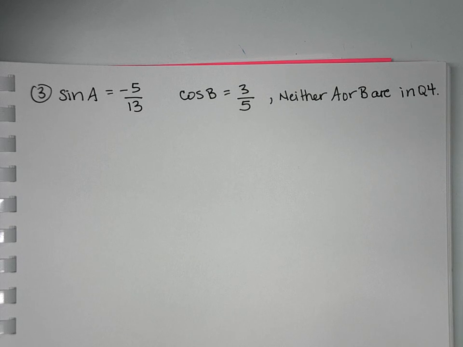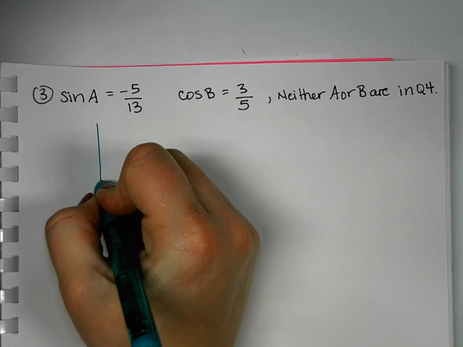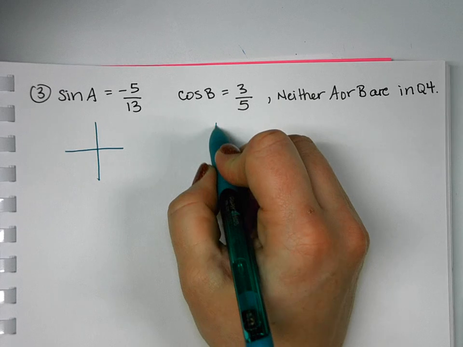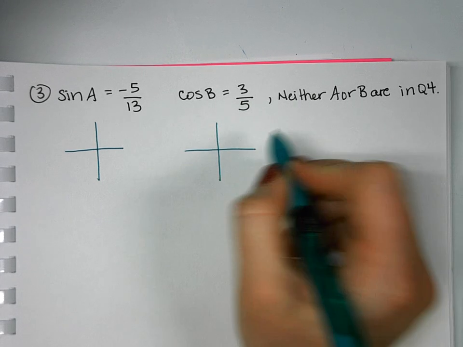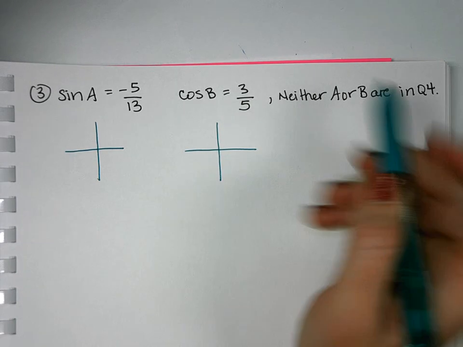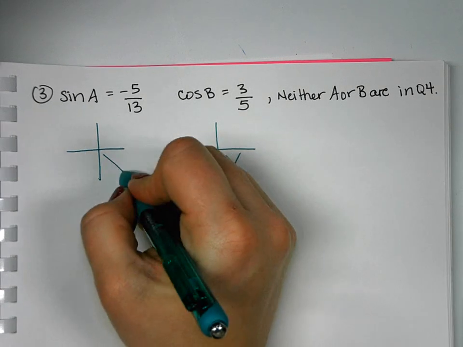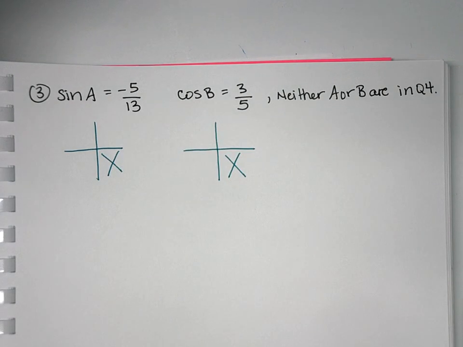Now there's nothing saying that these are going to be on the same grid or even in the same triangle. So I'm going to draw these in two separate grids. It says right here that neither of them are in quadrant 4, so I'm going to cross off quadrant 4 because I know that's not where they are.